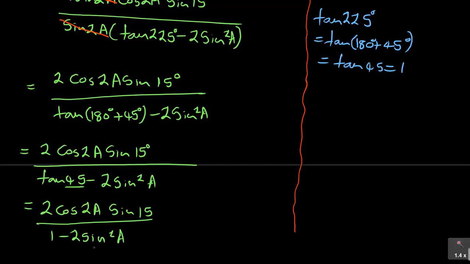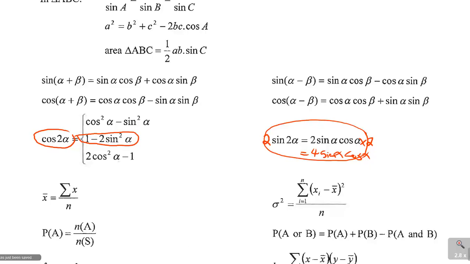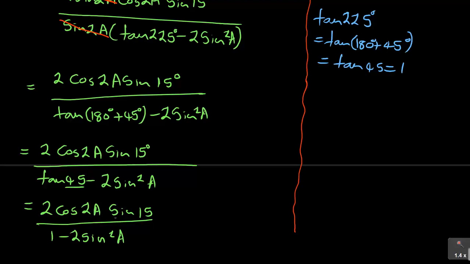You can see that it is the same as 1 minus 2 sin squared a, because in this case, wherever there is alpha, we can put a. So this is equal to cos 2 alpha. So you can come here and say this part is equal to actually cos 2 alpha.